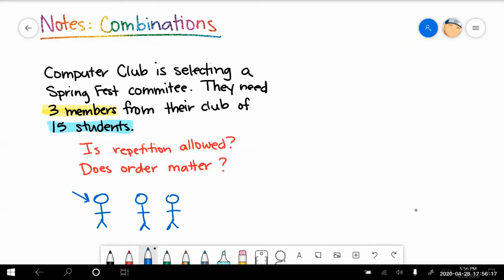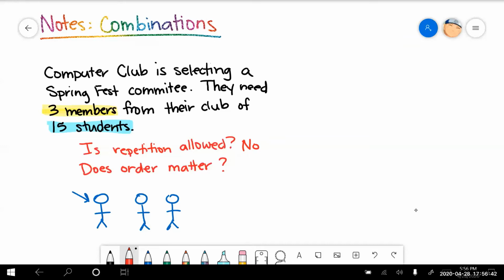So if I'm already filling one seat, we can assume that that person can no longer fill in any other seats. So are we allowed to repeat in this computer club situation? Our answer here is no. Hopefully you're saying no at home. No, we're not allowed to repeat because then we just wouldn't have enough people for the committee if there's a repeat.